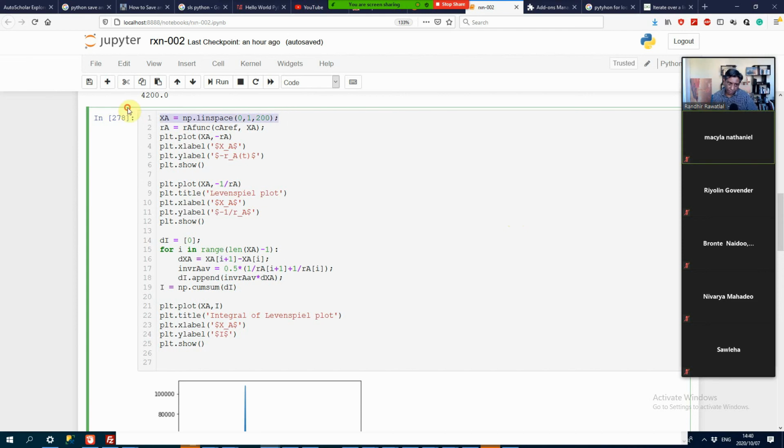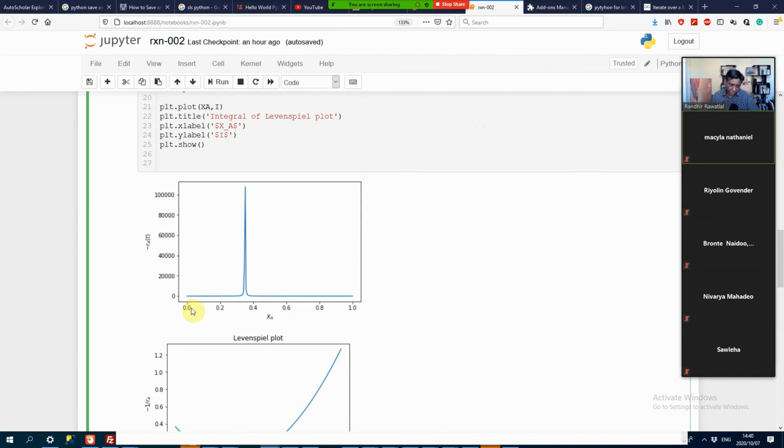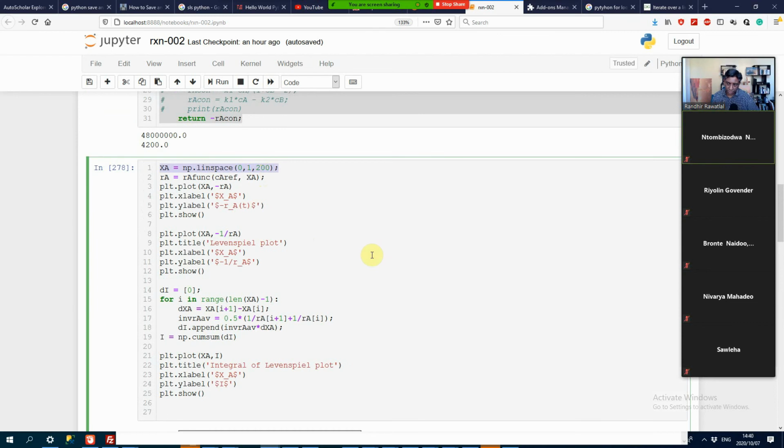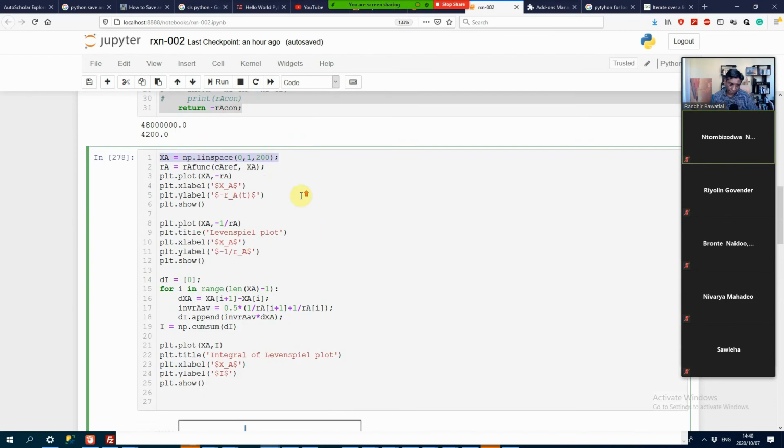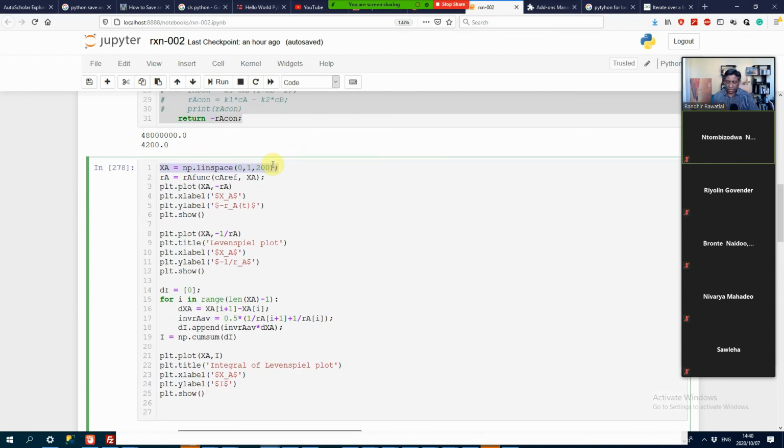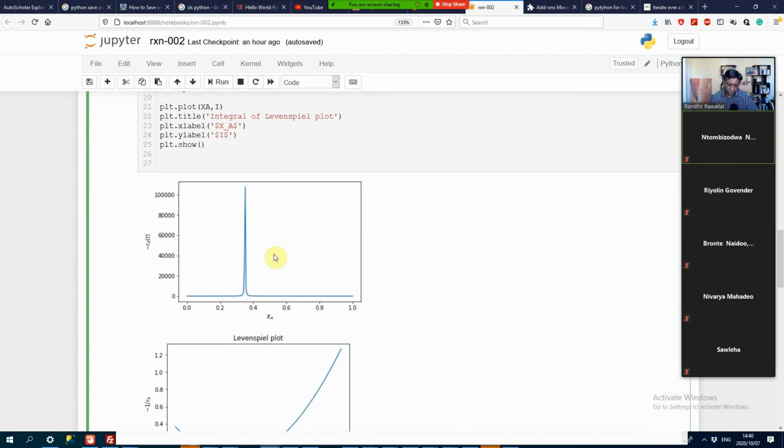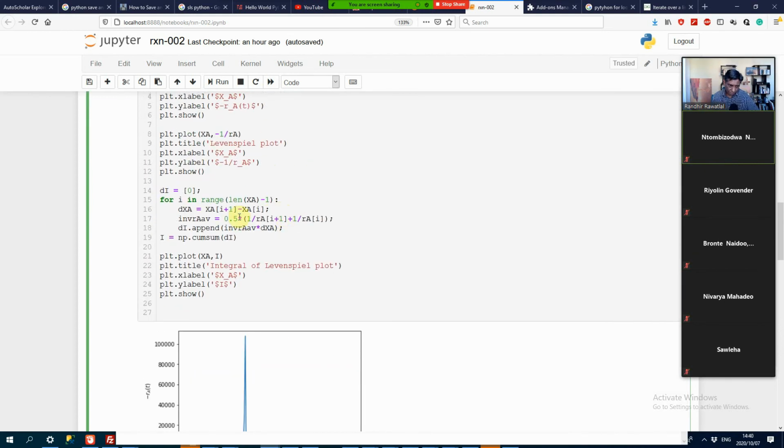So if you look here, we've chosen a linearly spaced set of points. Right, so in XA, we know the smallest possible value is 0 and the highest possible value is 1. So we are free to choose any grid space. So here I'm choosing 200 points between 0 and 1, and you can increase that or decrease that as you like. So anyway, for 200 points, it's giving us a fairly smooth curve.